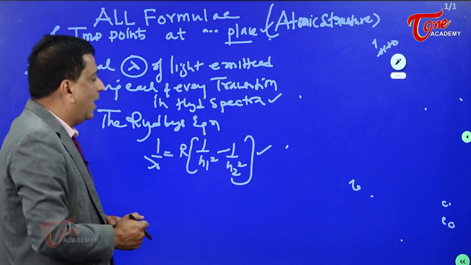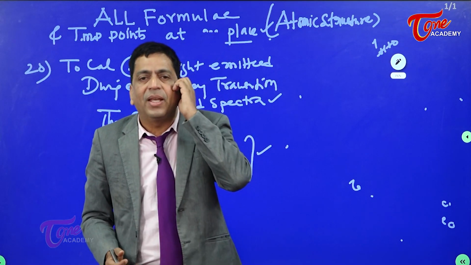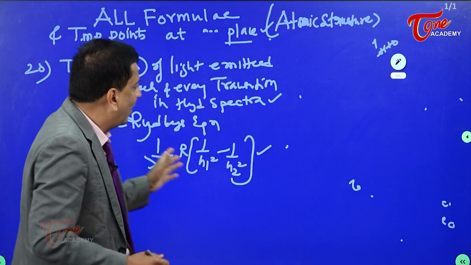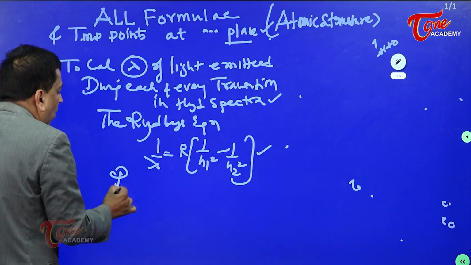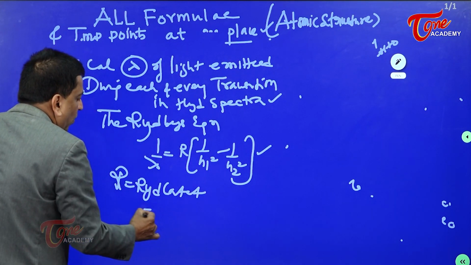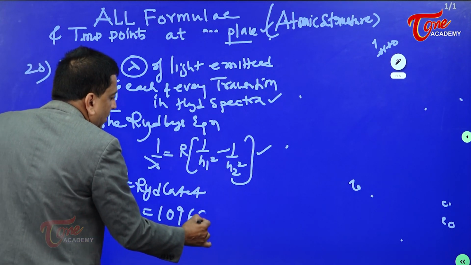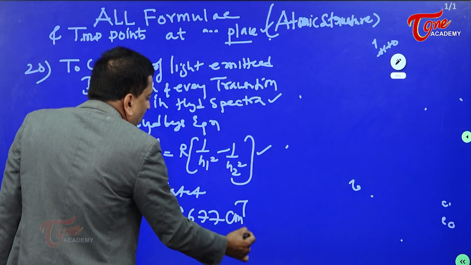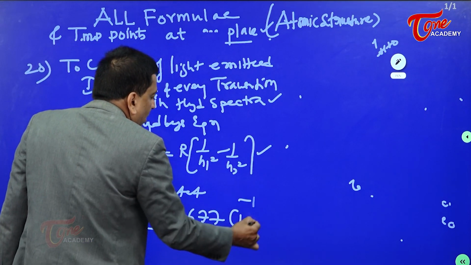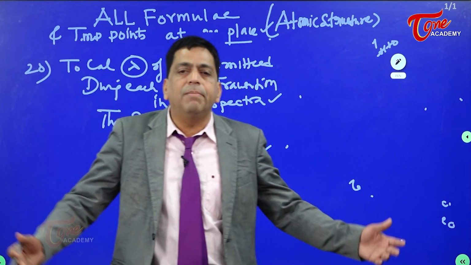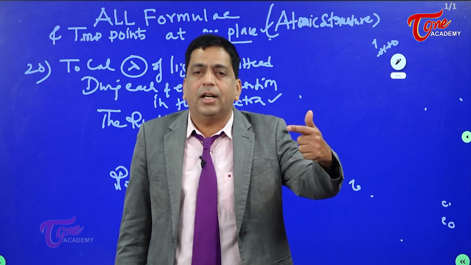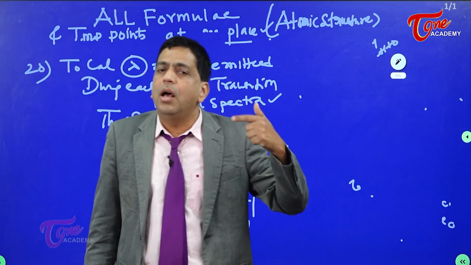That is how we calculate the lambda which is emitted during each and every transition in hydrogen spectra, where R is called the Rydberg's constant, whose value is approximately 109677 inverse centimeters. Inverse centimeters, you must understand. That is Rydberg's constant, where n1 is the lower energy level and n2 is the higher energy level, and the electron is jumping from a higher orbit to a lower orbit.